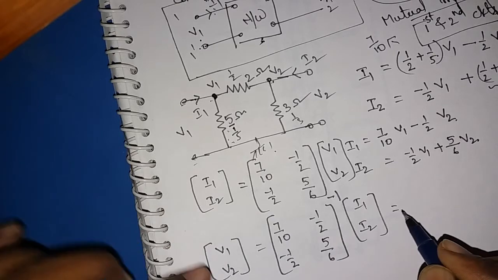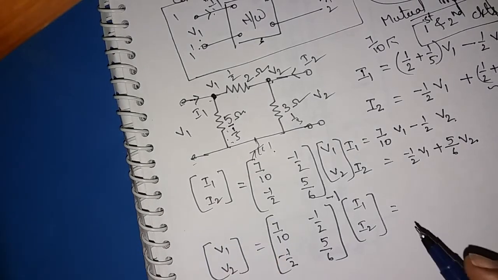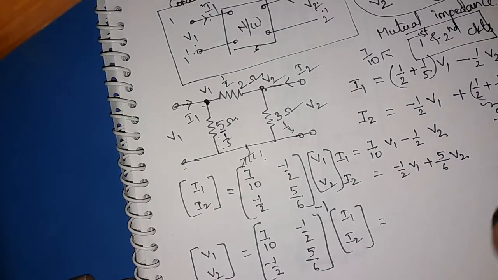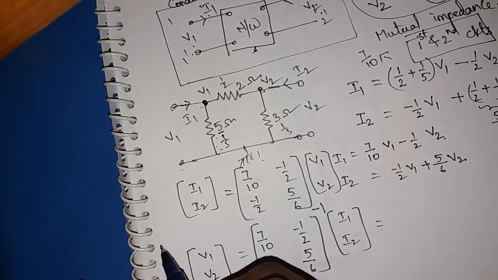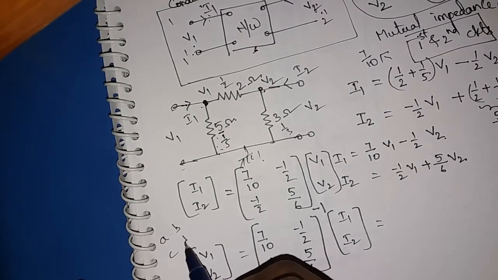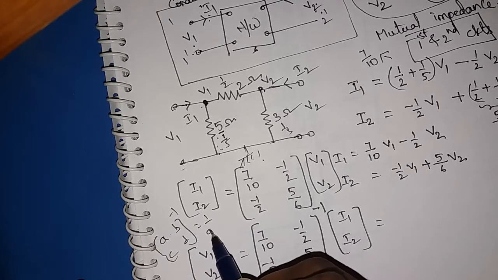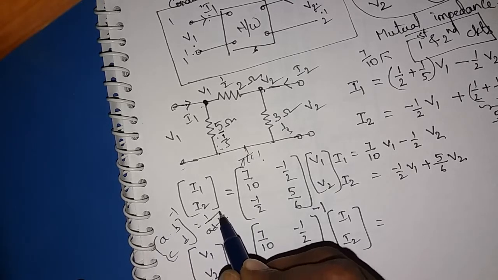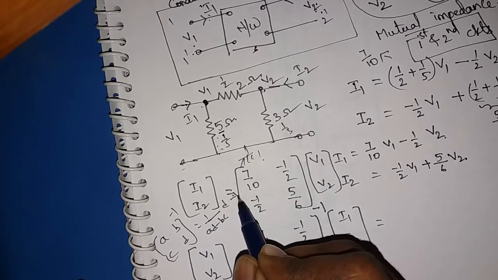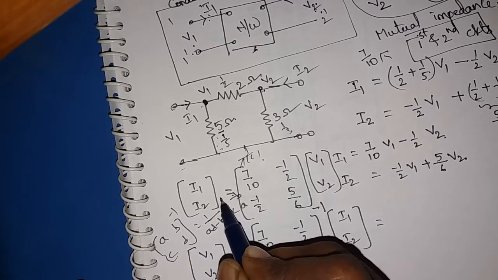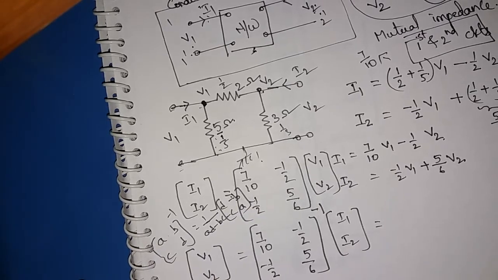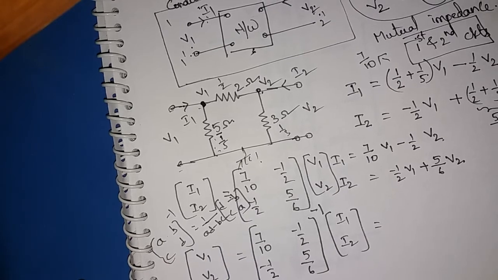Now what is the inverse of this 2 by 2 matrix? The inverse of A B C D is 1 by AD minus BC times D, minus B, minus C, A. Like this.